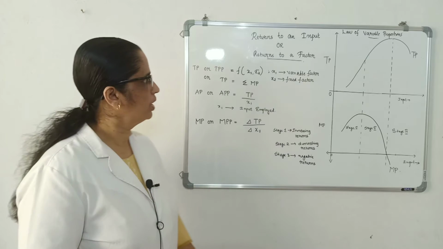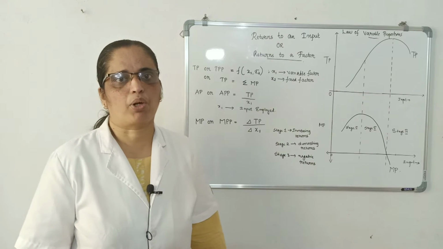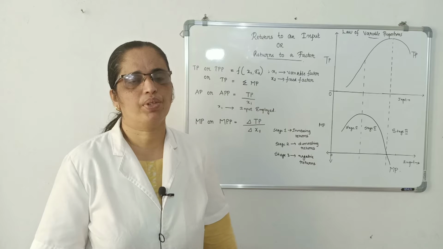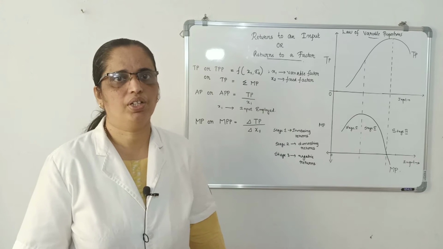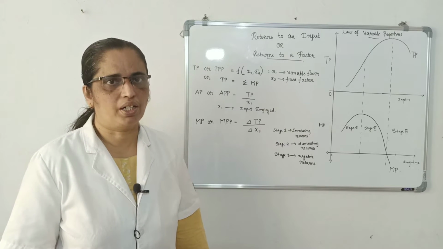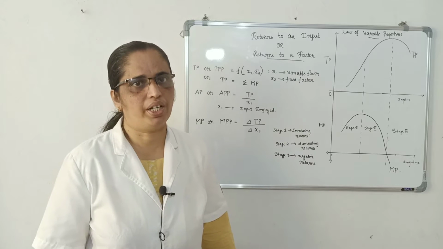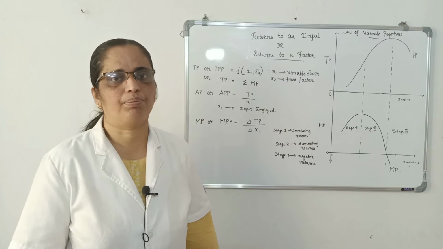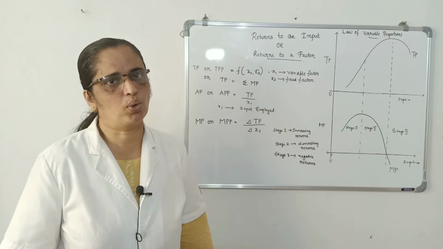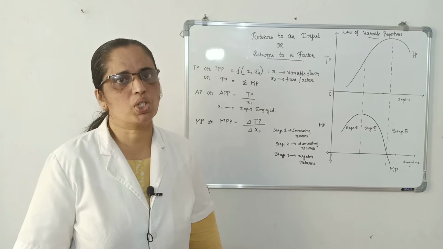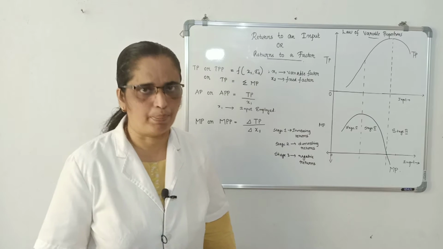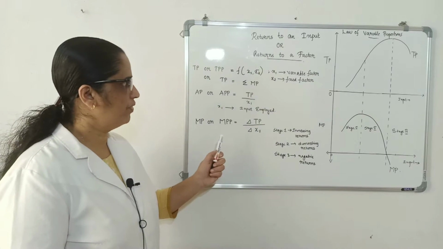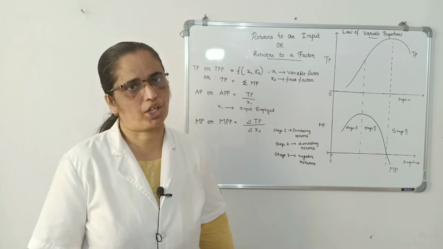Okay? We already studied production function. As you know, production is a function of factors of production or the various inputs like land, labor, capital, etc. Inputs are of two types, fixed inputs and variable inputs. Here we study about short run production.